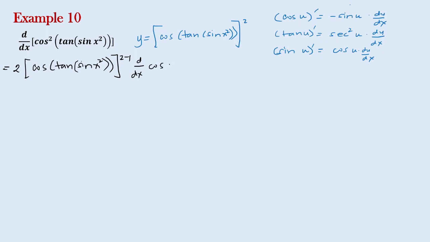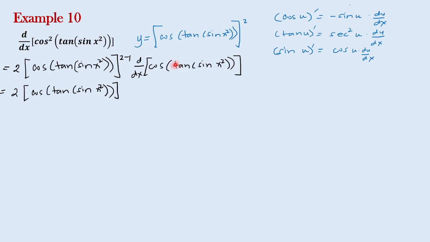So we have cosine of tangent sine x squared. To continue, so let us just simplify this. So 2 minus 1 is 1. So we do not need to write this 1. And then the derivative of cosine of tangent sine x squared.